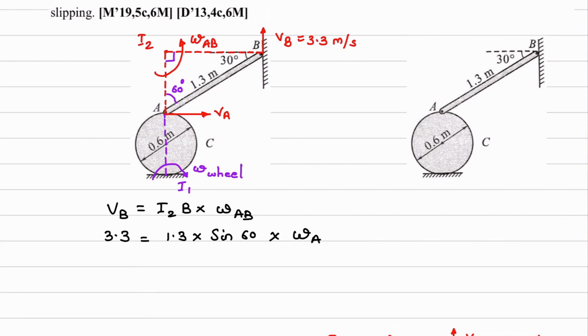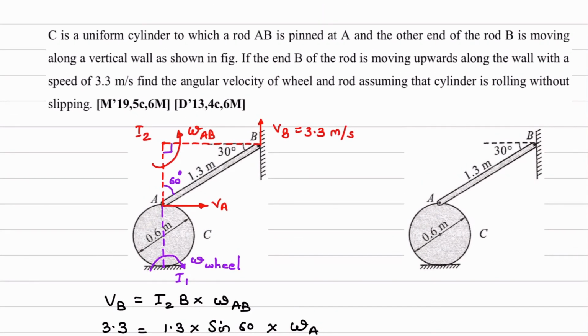So from here we can calculate omega AB. Omega AB is equal to 2.9311 radian per second. What is the direction of this omega AB? It is anti-clockwise direction. This is the first answer we have calculated.